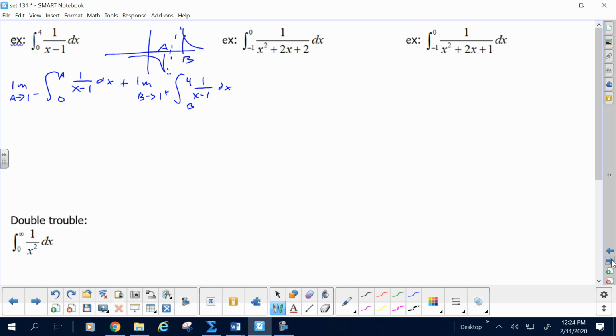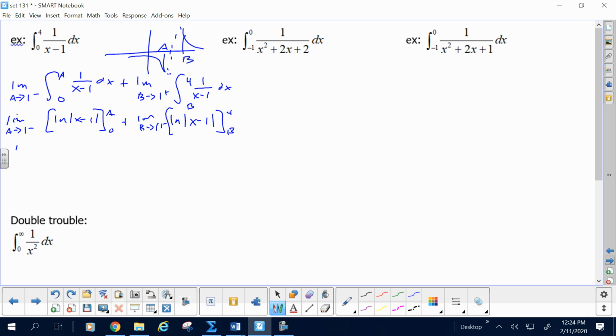Okay? Yeah. Okie dokie. Much as I would like to say, okay, there you go, you're good, let's continue on, because the whole process is a little confusing, I want to practice the whole improper process. So the antiderivative, I think you'll agree, is log of the absolute value of x minus 1. Yay? Okay, cool.